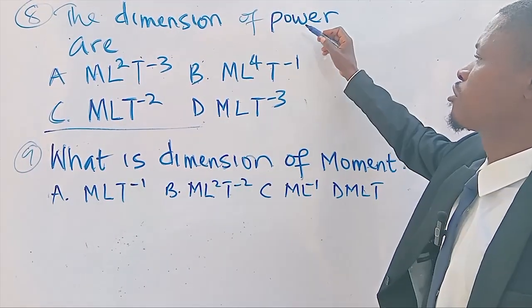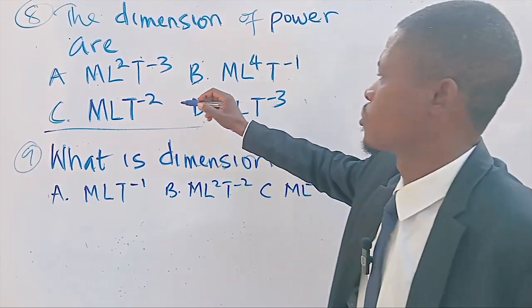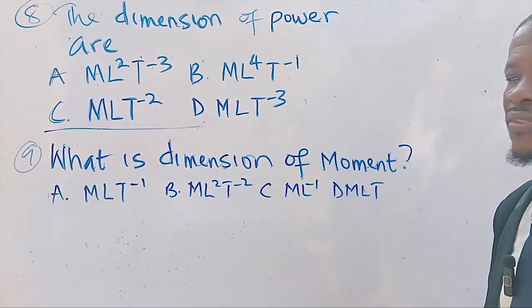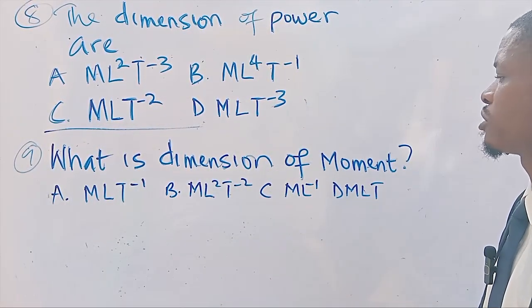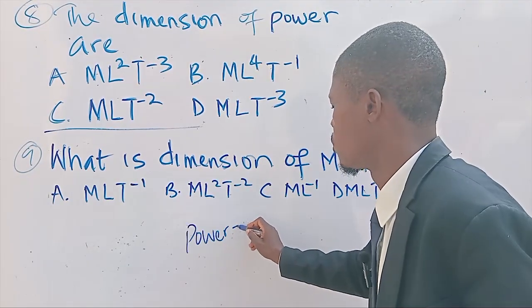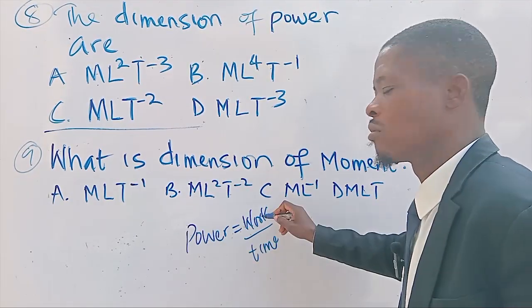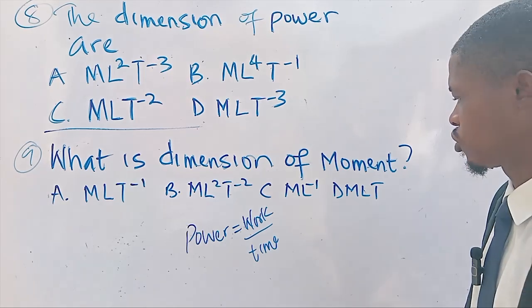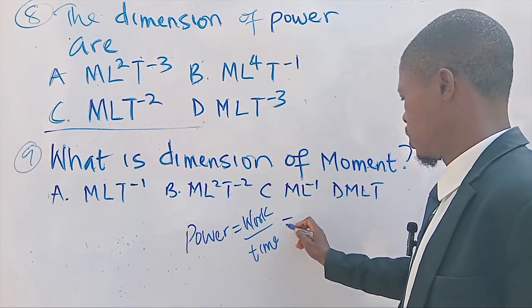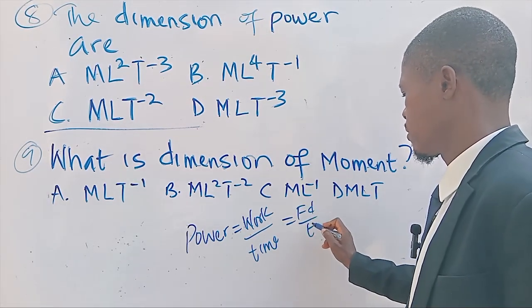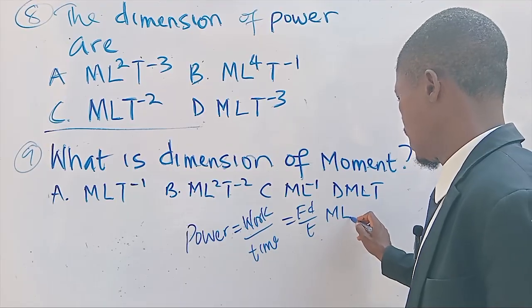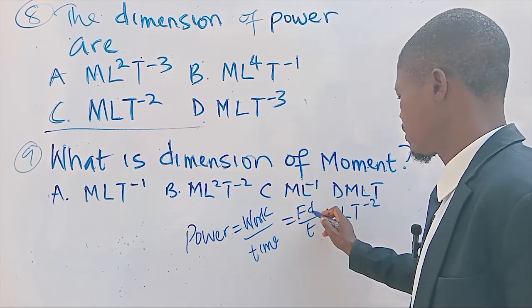Question 8, the dimensions of power are. So we have the options. So let's get the answer to that question. Power is work over time, the rate of doing work or rate of energy. And work is what? Work is force times distance over time. Force is M L T to the minus 2. Distance is what?